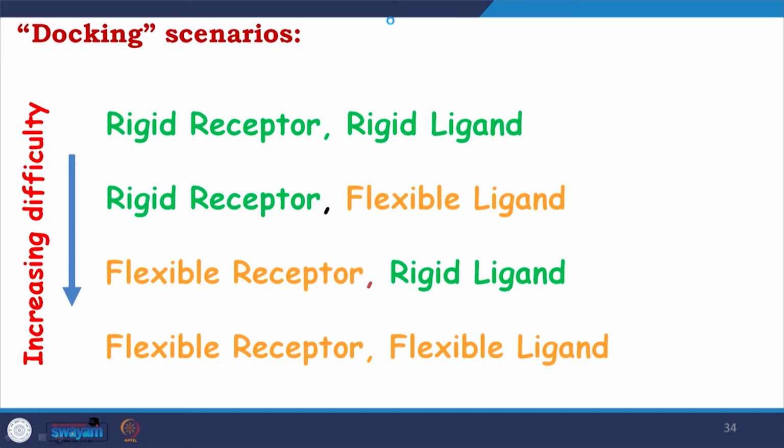Now, we will move towards flexibility. If you look at the docking scenario, historically it was rigid receptor and rigid ligand. From there it shifts to rigid receptor, the protein is still rigid, and flexible ligand.